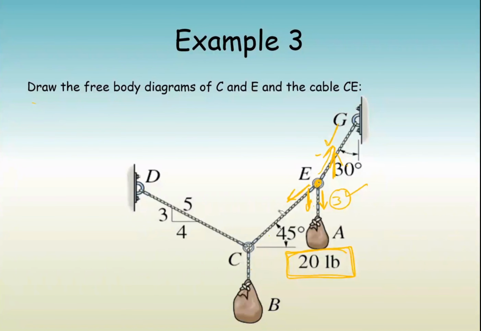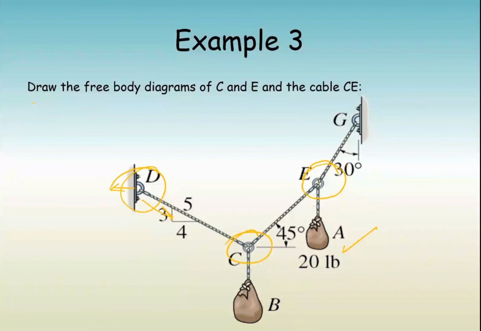When you start the analysis, starting from this point is useless because there are unknowns and we don't know them. The equation of equilibrium will not give us any answer. If we do the equation of equilibrium at this point, again, all are unknowns, not a good place to start the analysis. This is a good place to start the analysis because I've got a known.